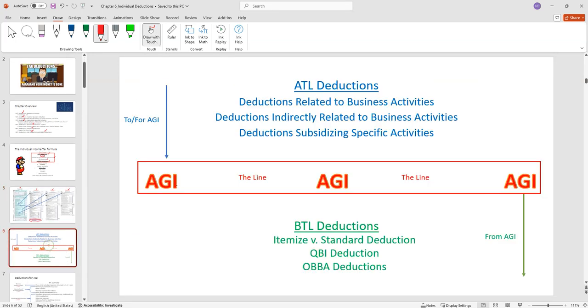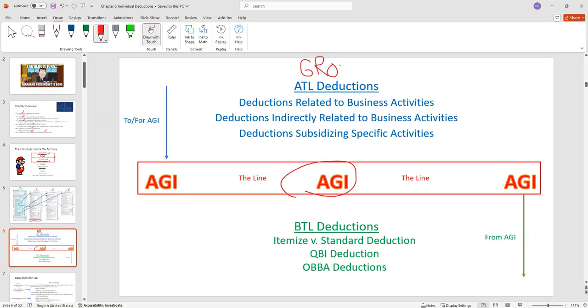When we talk about deductions, we said the line is AGI. So you start with your gross income, so kind of all your income. You make some adjustments to that, namely above the line deductions, and that gets you to your adjusted gross income. So it's this gross income adjusted for these adjustments.